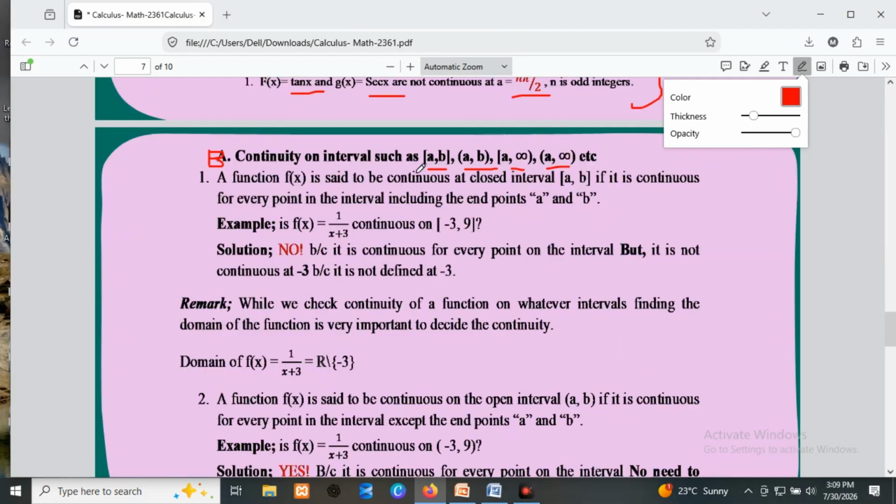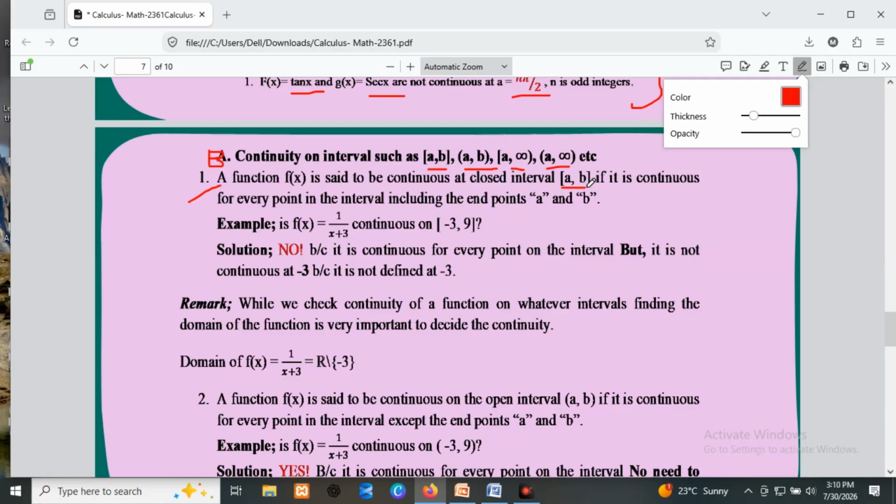So today we are going to check whether a function is continuous on intervals. So let's see one by one. A function f of x is said to be continuous on a closed interval a and b if it's continuous for every point in the interval, including the endpoints a and b, which means that the function should be defined for every element of the interval, including the endpoints.